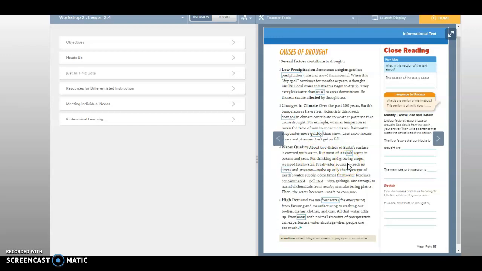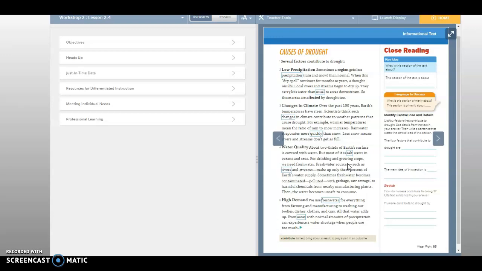Okay, then we need to identify central idea and details. List 4 factors that contribute to drought. Use details from the text in your answer. Then write a sentence that states the central idea of this section. The 4 factors that contribute to drought are what? They give it to us right here.